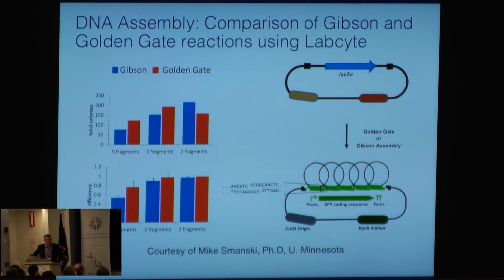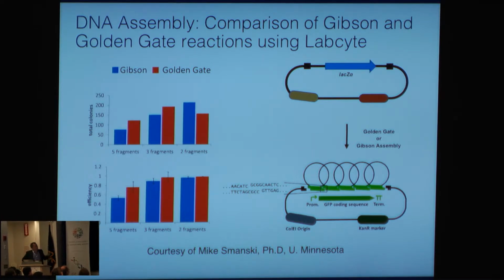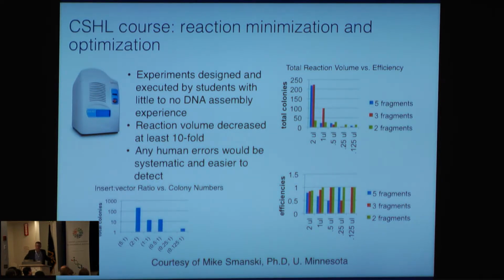So in Mike's module, the students compared Gibson and Golden Gate assembly using the Echo, and were able to get colonies from 2, 3, or 5 fragments with high efficiency. And they were also able to miniaturize the reactions down to about a 250 nanoliter reaction with high efficiency at 5 fragments, putting them together.